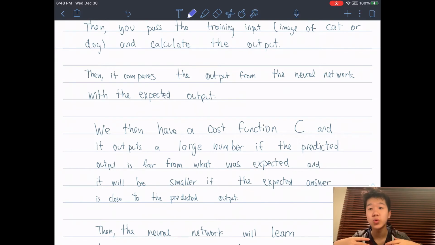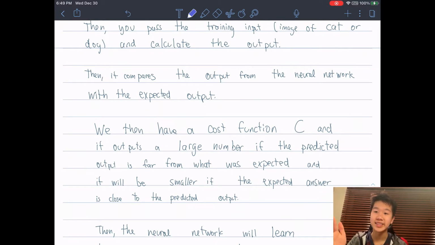And if it's very far away, like when the neural network gives a 0 but you're expecting a 1, the cost function should be higher. So, in other words, the cost function is going to penalize the neural network when it's making large mistakes.